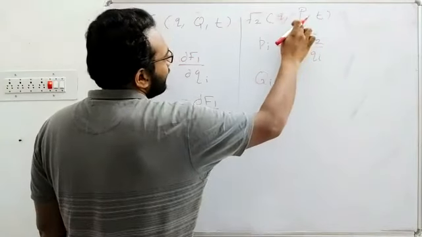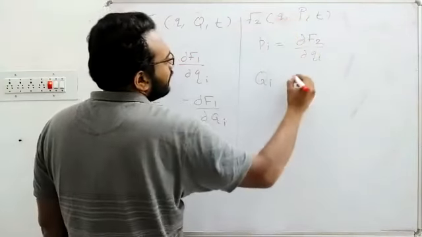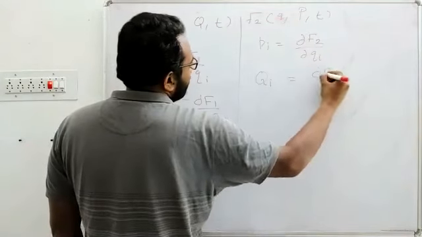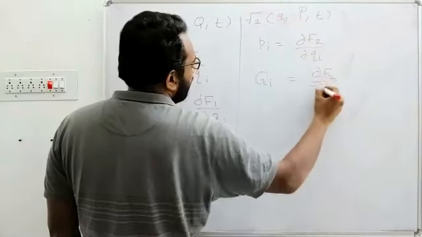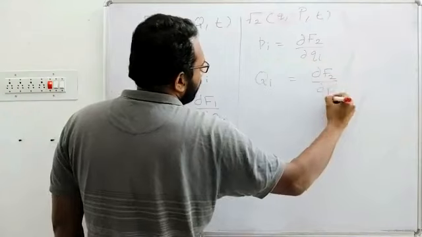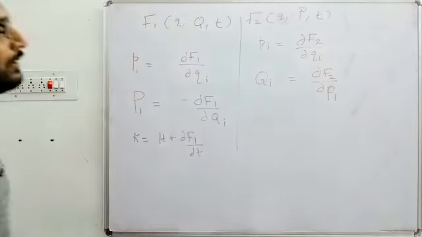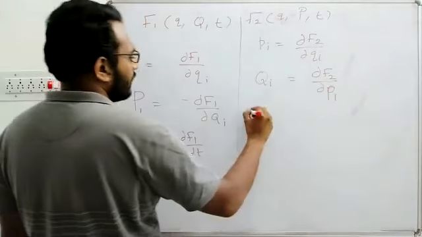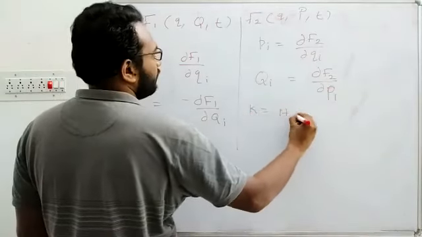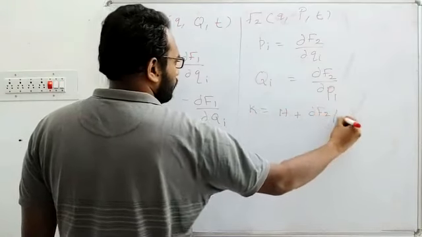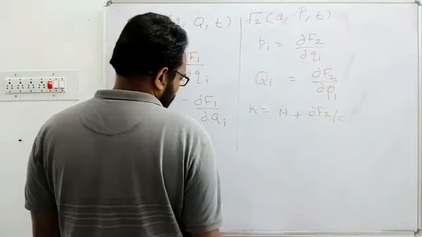We have got a P here, so what we get by taking the derivative is capital Qi equal to dou F2 by dou capital Pi. Here P is in the second position, so there is no minus sign. And again, K is equal to H plus dou F2 by dou T.